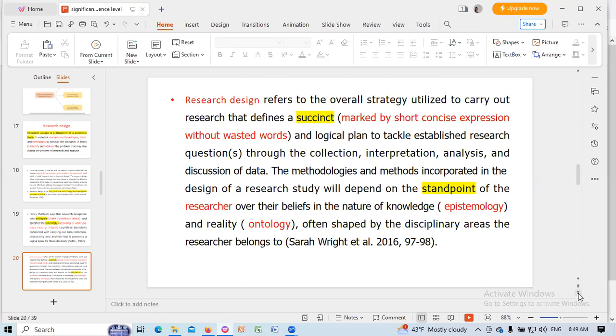So, research design is a succinct and logical plan to tackle established research questions through collection, interpretation, analysis, and discussion of data.